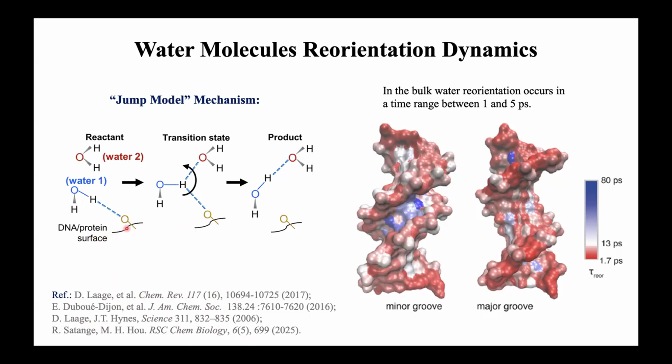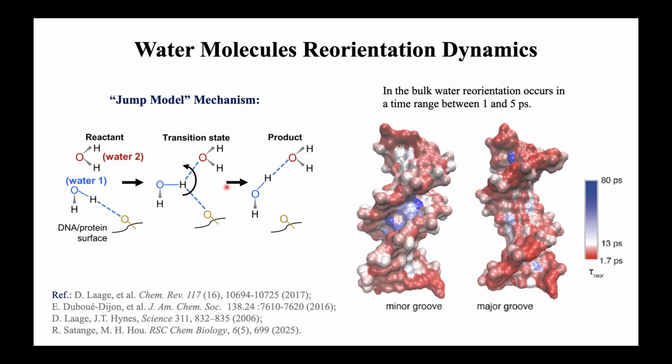Let's imagine that this black line is a DNA surface with some oxygen atom, which forms a hydrogen bond to some water molecule, let's say water molecule 1. When a new oxygen acceptor, let's call it water molecule 2, comes close to the first water molecule and stays at a distance approximately equal to that of the old partner, the water molecule's OH group can jump between these two acceptors.